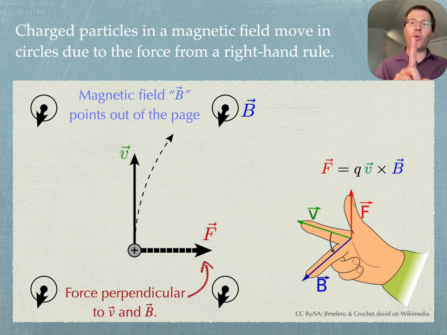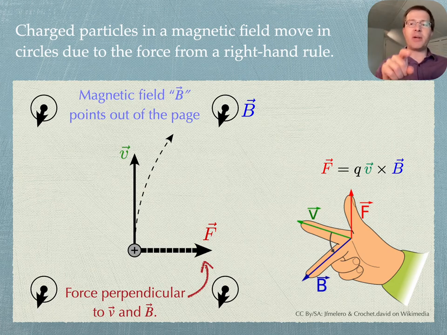If I want to know what magnetic force that velocity vector will feel, it's a cross product, velocity vector cross product with magnetic field. I don't know why we use B for magnetic field, it's the tradition. So the velocity vector is my pointer finger. Then my middle finger, I rotate my wrist until it points out of the page, out of the screen. And my thumb now points in the direction of the force, the magnetic force that particle will feel.